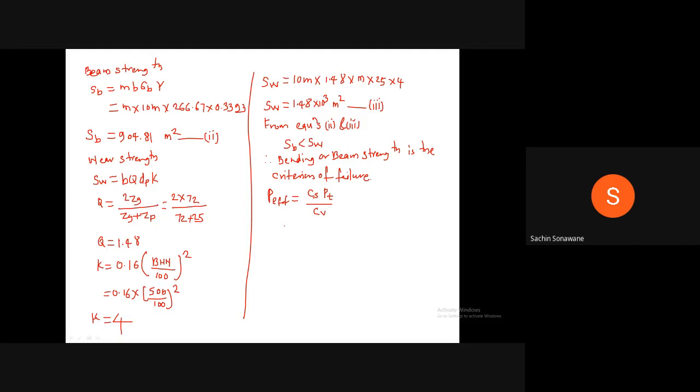Now, CV value they have given us. CV is equal to 6 divided by 6 plus V. I have told you that in the initial stage you have to assume V is equal to 5 meter per second. Now substitute that value of V. Therefore, CV is equal to 6 divided by 6 plus 5. Therefore, calculate CV.